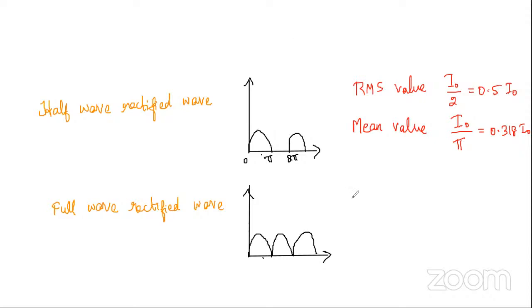So here, what is the value of this RMS, root mean square value? So RMS value here is I naught by root 2 actually. I naught by root 2. That will be 0.707 into I naught. Okay. And similarly, what is the mean value?